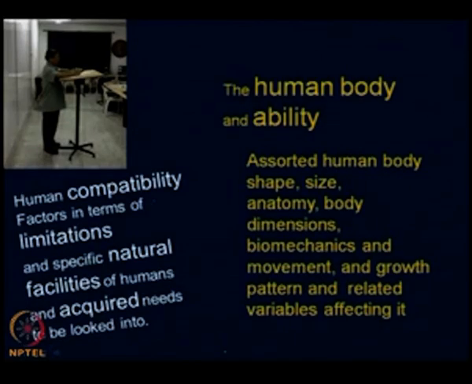Now, the human compatibility factors in terms of limitations and the specific natural facilities of humans and acquired needs are to be looked into. Now, if we see the human body and ability, there are some factors and issues, and we will discuss them in detail, but it can be said that our body has assorted human body size and shape also.